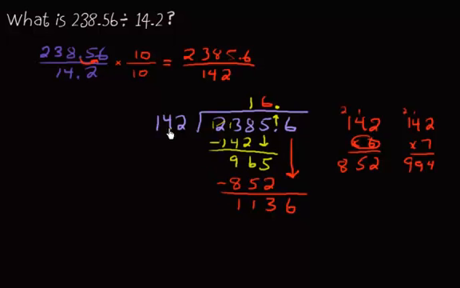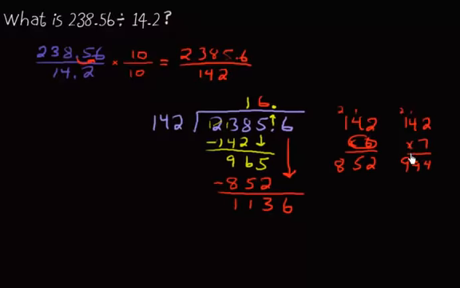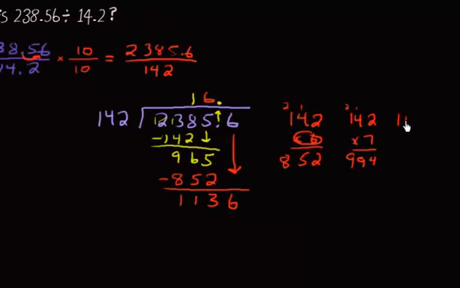Alright, so 142 into 1,136. Well, if you come over here, we know it's at least 7 times. Let's go ahead and try 8. So that's 8 times 2, that's 16. Carry the 1. 8 times 4 is 32 plus 1 is 33.